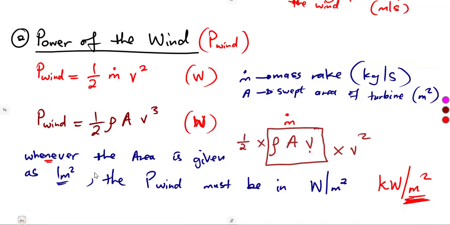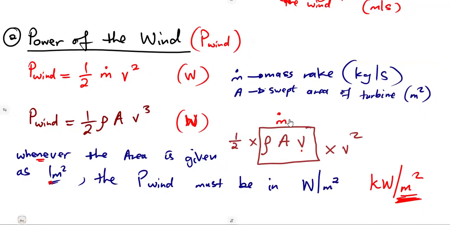But like I said, whenever the area is given as 1 square meter, that's where you calculate your power per square unit of the area. But when you are not given that, you are given a certain value, you calculate your exact power as it is. Or maybe they give you the radius or the diameter.